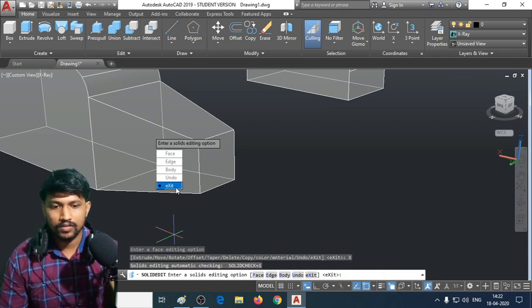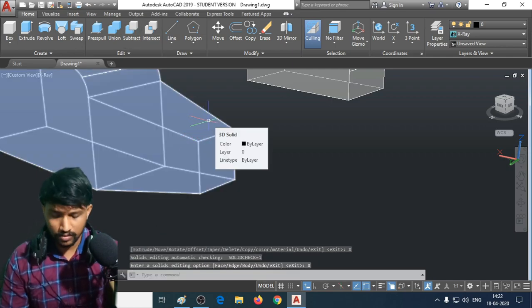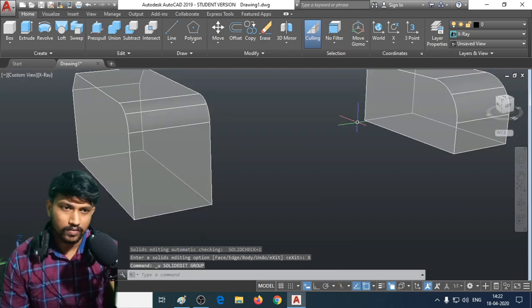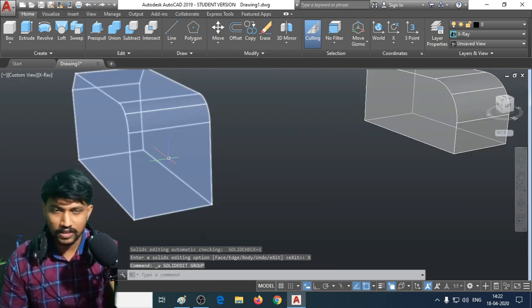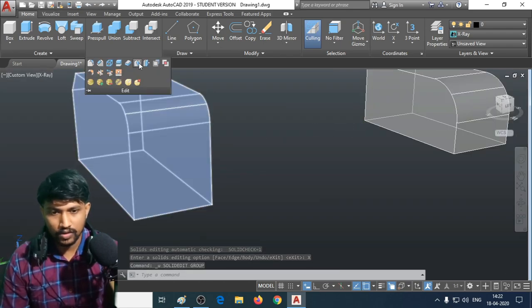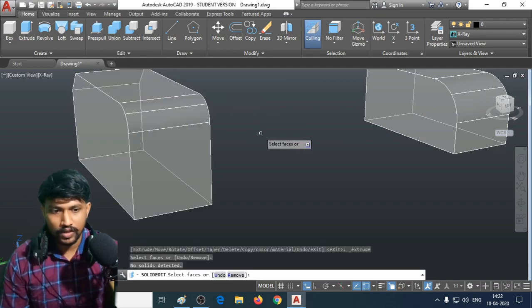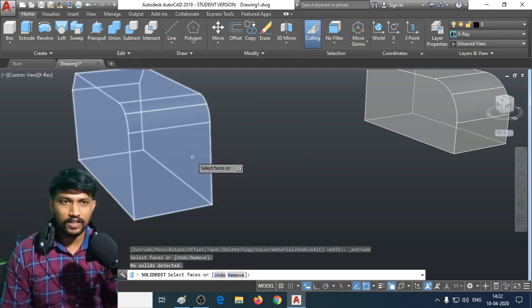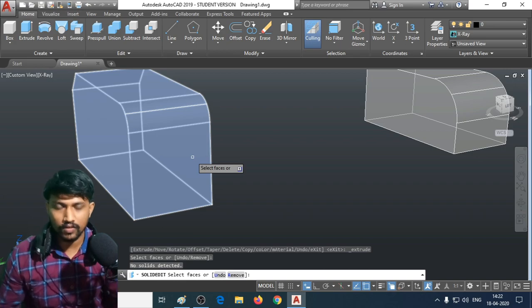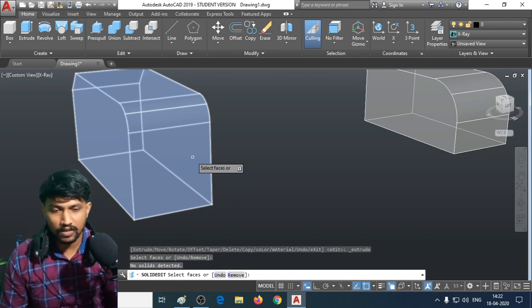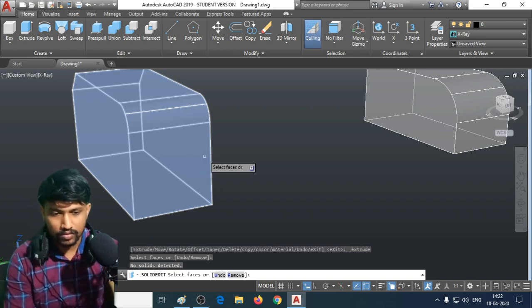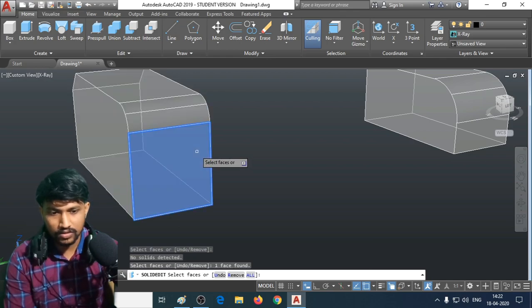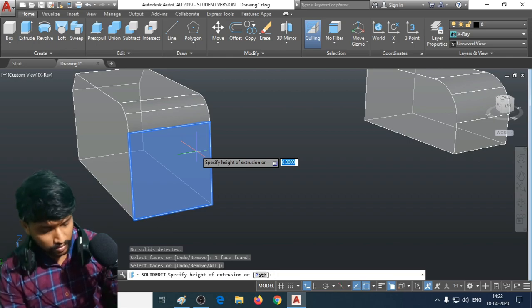If so, this is how this extrude faces option is going to work. So in this one, first you need to select the face that you want to extrude. If there are modifications still exist after the basic modeling has been done, then you can use this option, select the face, press enter and specify the extrude distance.